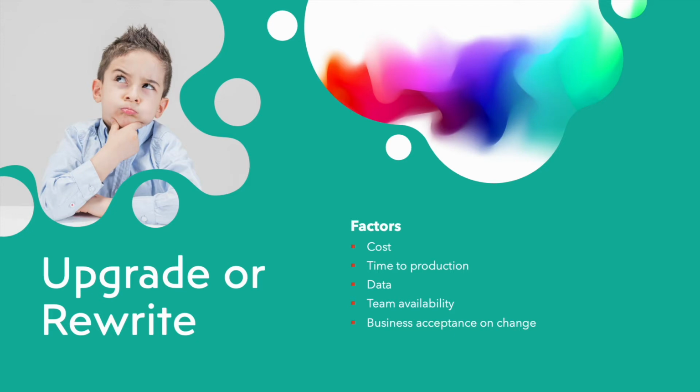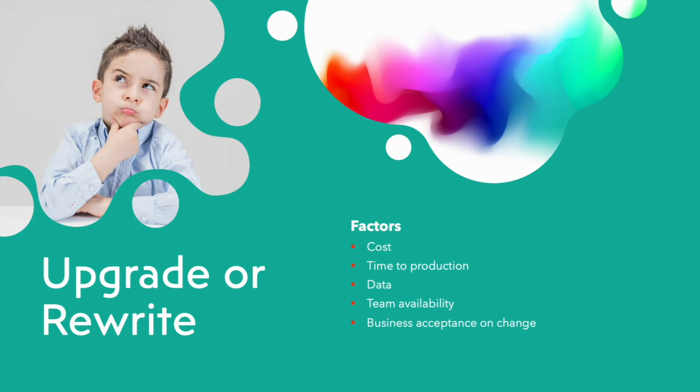For upgrading it will also be tough, but a few people will definitely be there, whoever is working on enhancements or production support, who can help on business and other things. But for a rewrite, we need to redesign the flow and other things.